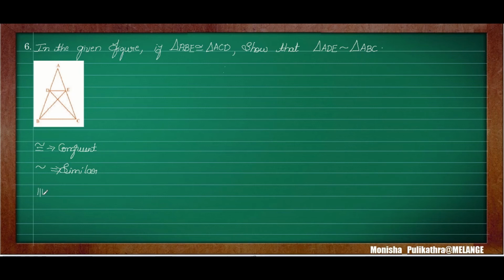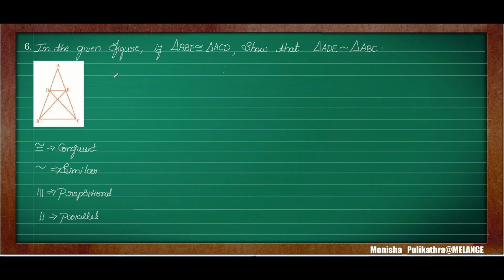And this three-line symbol signifies proportional. Proportional means the ratios of the two triangles will be equal. Then two lines signify parallel. Parallel you know, right? Two lines which never meet each other are parallel. So these are the symbols for that.